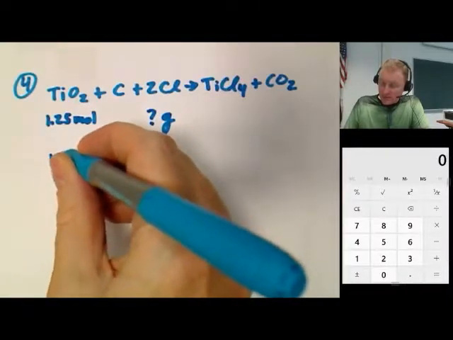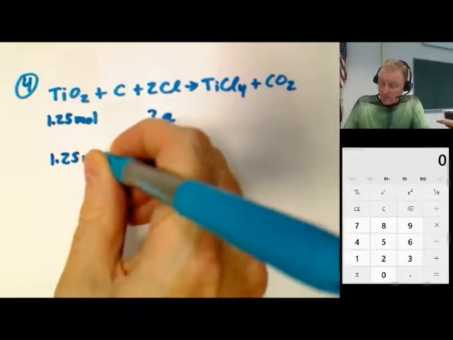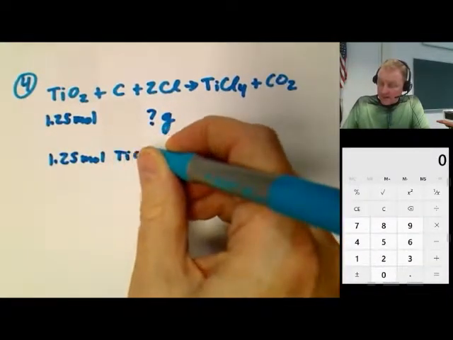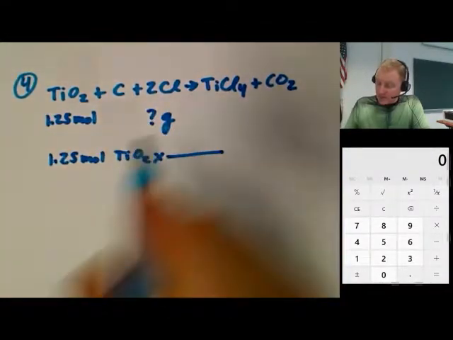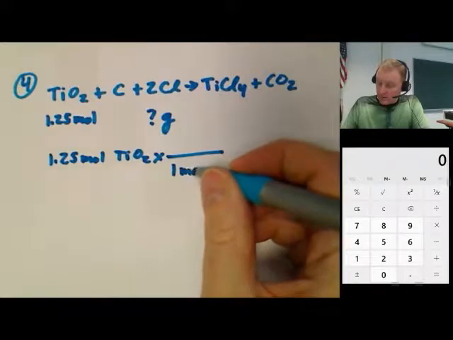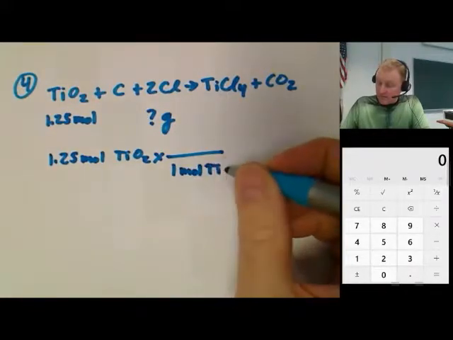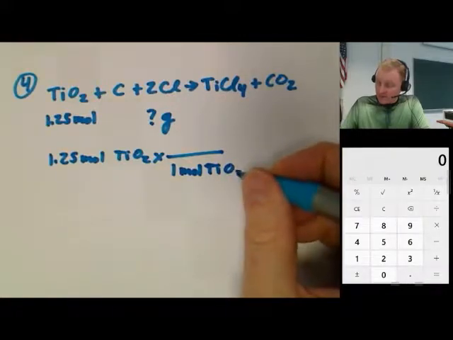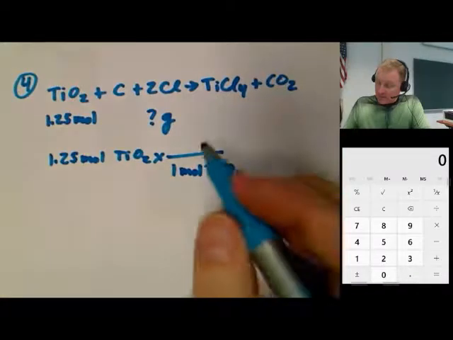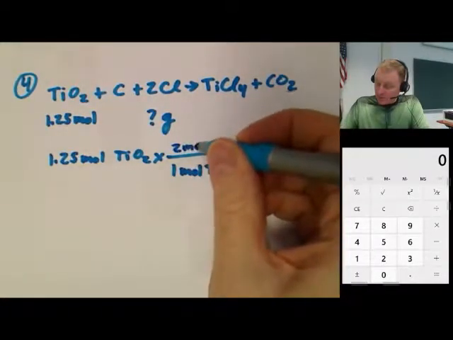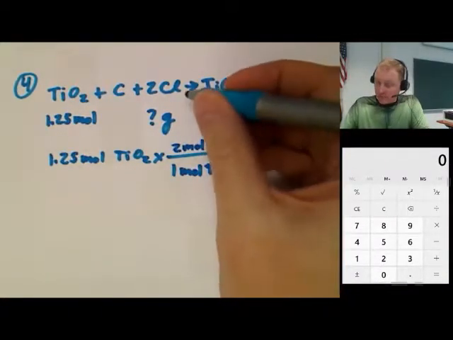We're going to say 1.25 moles of titanium oxide, and a mole to mole relationship is for every 1 mole of titanium. This is titanium 4 oxide, by the way. I'm saying that wrong, I apologize. 1 mole of titanium 4 oxide to 2 moles of chlorine.